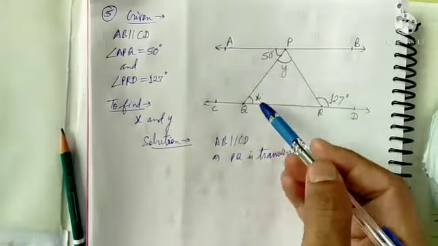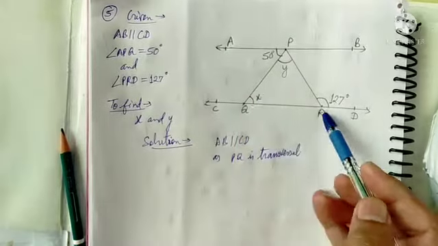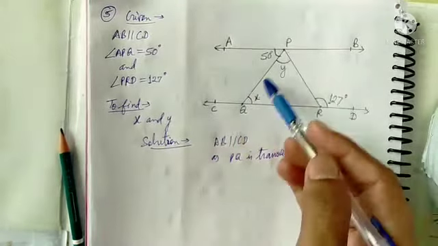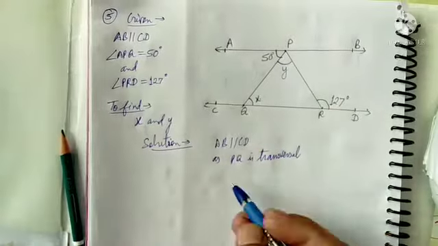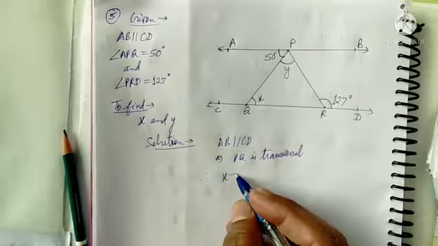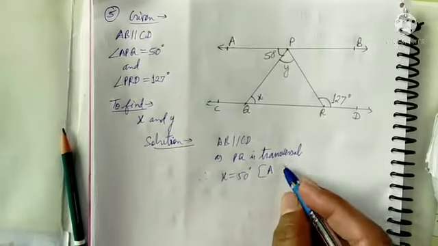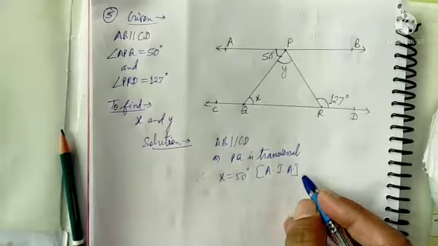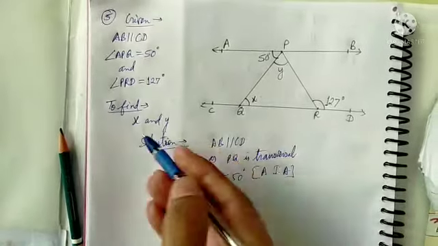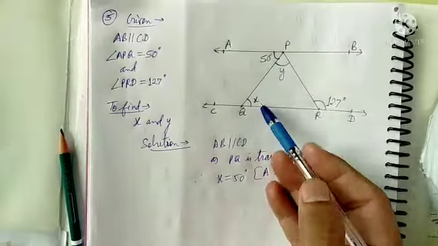That is the alternate interior, because APQ is just like a Z. I told you if a Z is made, it means they are alternate interior angles. So therefore X is equal to 50 degree. The reason is alternate interior angle. So the value of X we got in one small effort.